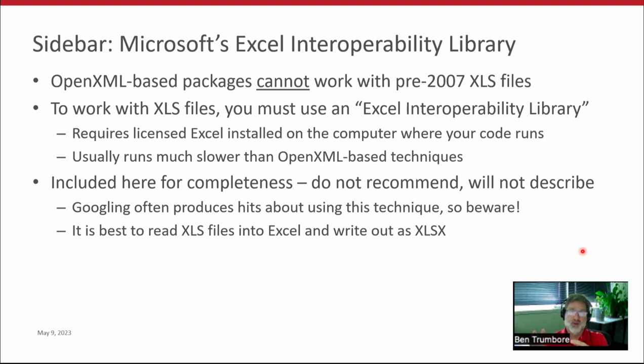So your program would make calls to the interoperability library, and it would call Excel. This meant that you had to have Excel installed on the computer where you were running your program to work with Excel files, and it would actually fire it up and talk to it while your program was running. You might imagine that that was kind of slow. This only worked with the XLS files. It does not work with the newer XLSX files.